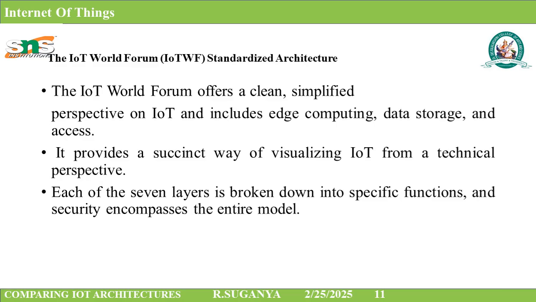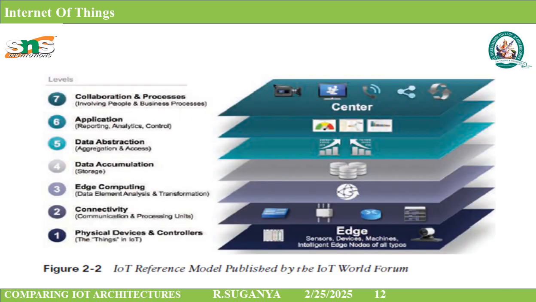The IoT World Forum standardized architecture. It offers a clean, simplified perspective on IoT, and it includes edge computing, data storage, and access. It provides a succinct way of visualizing IoT from a technical perspective. Each of the seven layers is broken down into specific functions, and security encompasses the entire model. Here we can see the IoT reference model published by the IoT World Forum.